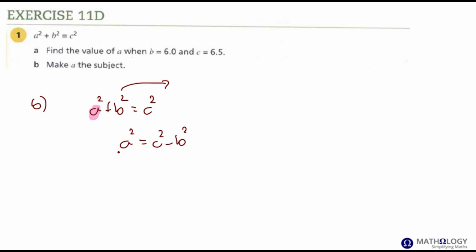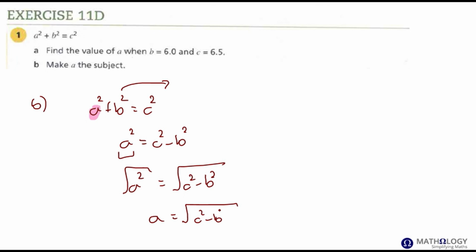So we've isolated a squared, but we need a, not a squared. So to isolate a, we're now going to square root both sides of the equation. What you do to the one side of an equation, you have to do to the other. So the square root of a squared is a, and on the right hand side we have the square root of c squared minus b squared.